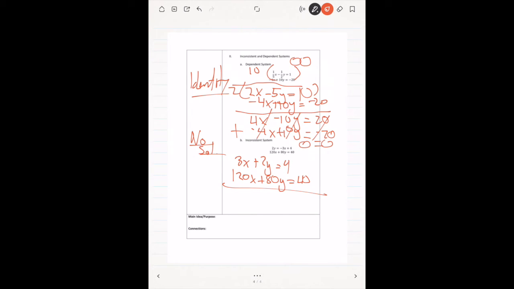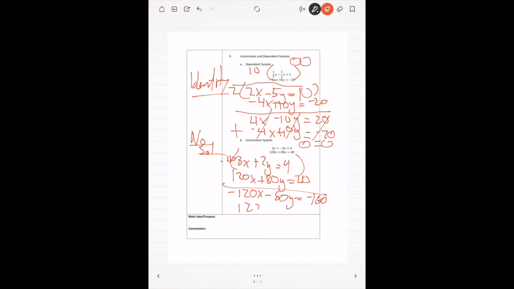Okay, we need to make these opposite coefficients. I guess we'll try to cancel out the y's this time. So let's multiply the top equation by negative 40. So we end up with negative 120x minus 80y equals, that should be negative 160.